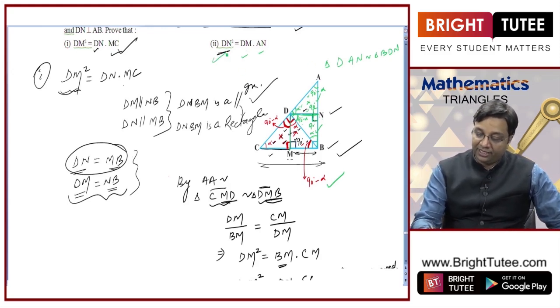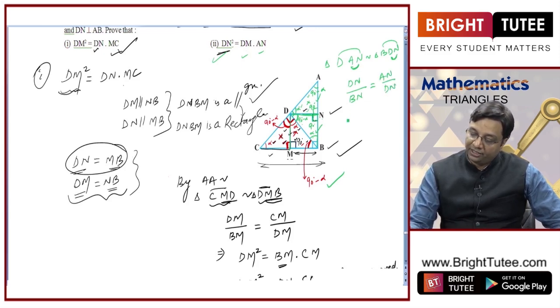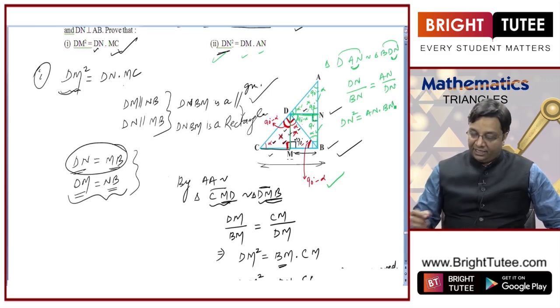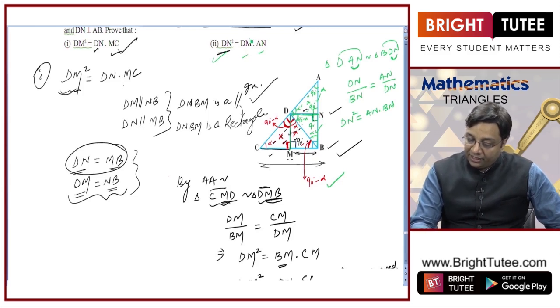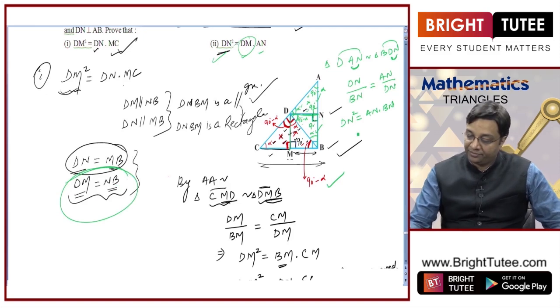Now I require DN square, so I will use DN from this side and I will have to take BN. So DN by BN is equal to, I will have to use this DN, so I am using AN from this, AN upon DN. Now cross multiplying, I can say DN square is equal to AN into BN, right? And now I require DM here, which I can simply replace BN by DM.